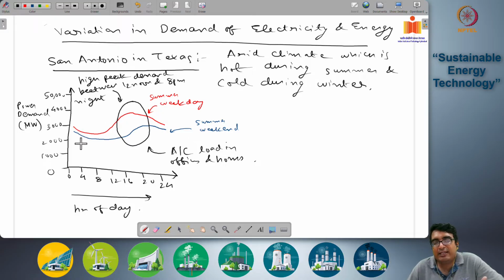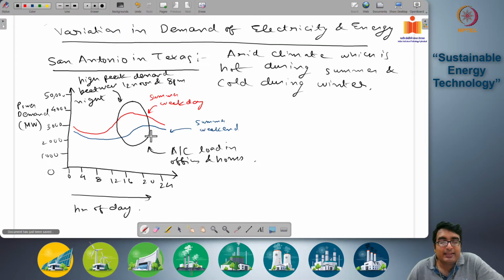In the late nights, for example, demand is low because other systems are off and air conditioning is also turned off. But during the afternoon times, there is a large peak demand due to the high AC load in office spaces, as well as on weekends there is a large AC load in the households that also causes a peak demand during this time, though the values are lower.